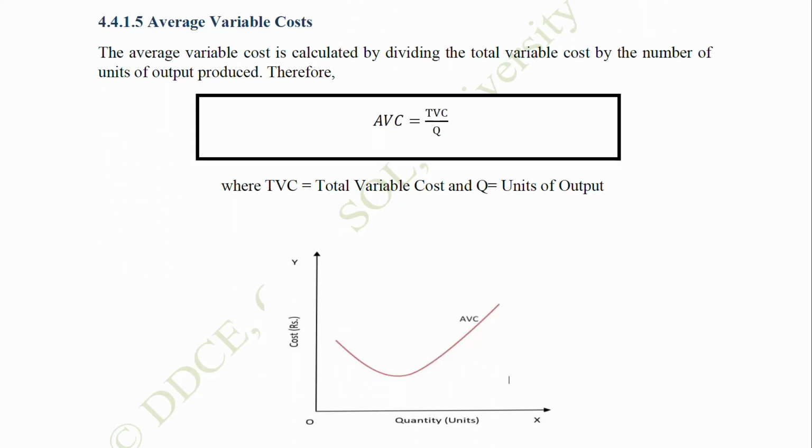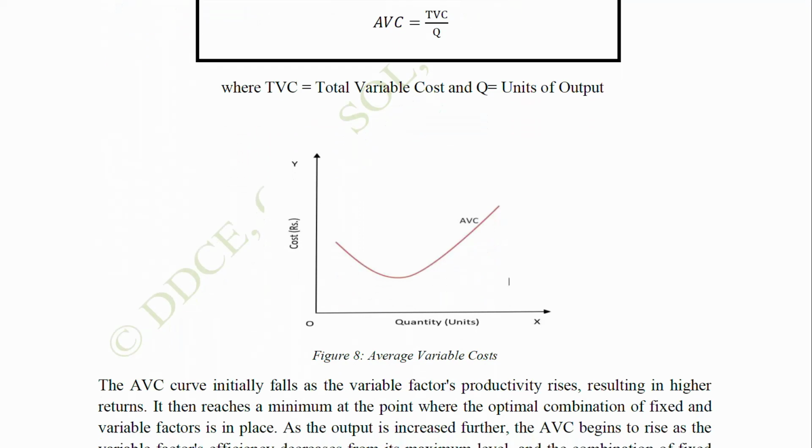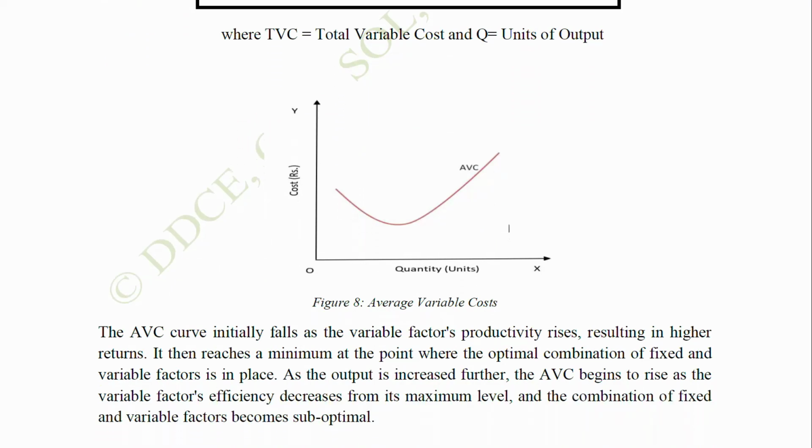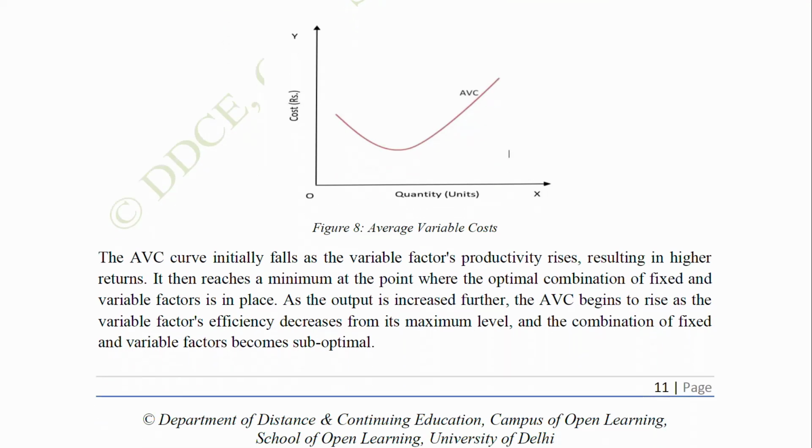4.4.1.5 Average variable costs. The average variable cost is calculated by dividing the total variable cost by the number of units of output produced. Figure 8 shows the graph of an average variable cost. The average variable cost curve initially falls as the variable factor's productivity rises, resulting in higher returns.